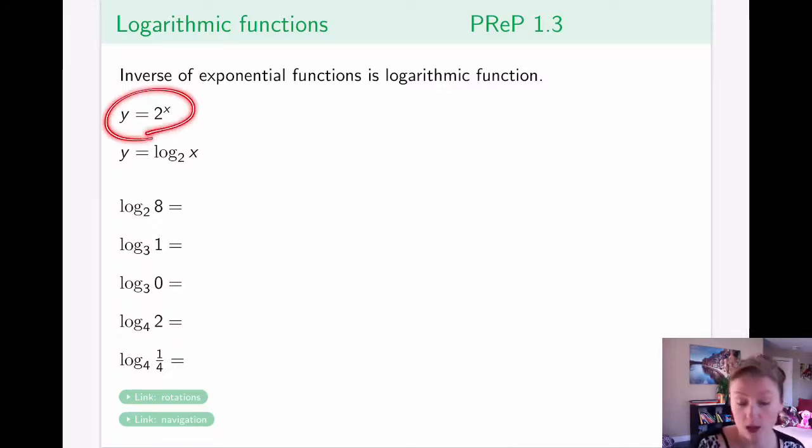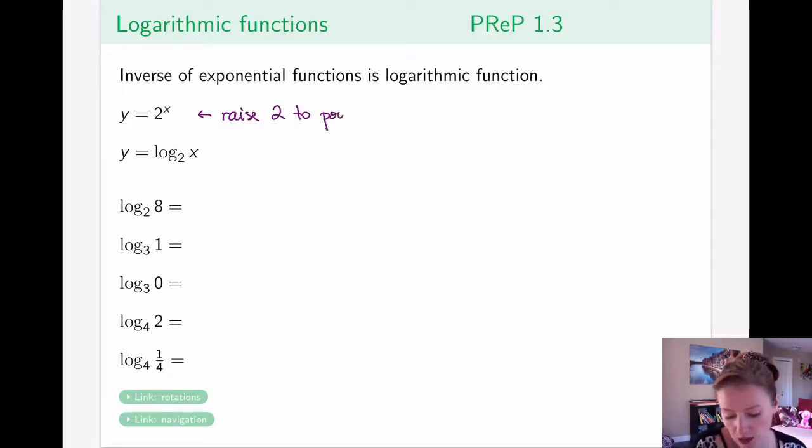So the exponential function itself, the process is fairly straightforward. 2 to the power x means that we raise 2 to the power x. The opposite process will ask, what power did we have to raise to get the outcome? So in the logarithmic function, we're after the power.